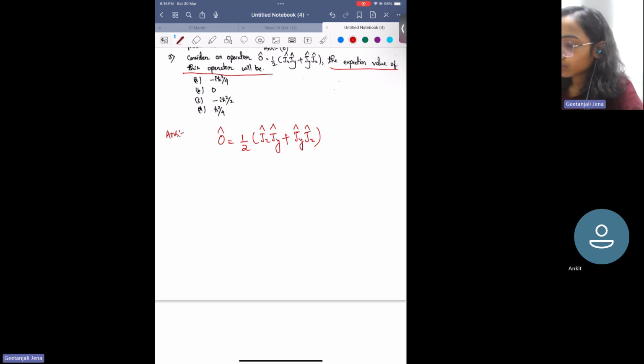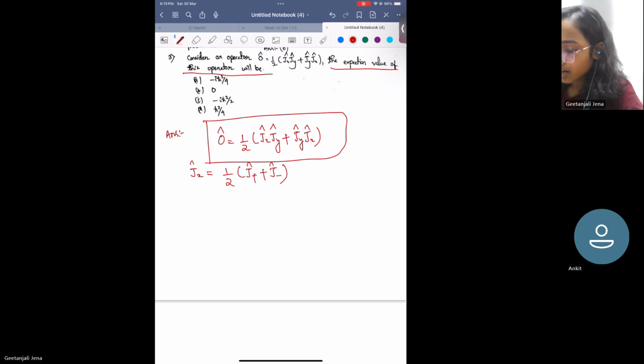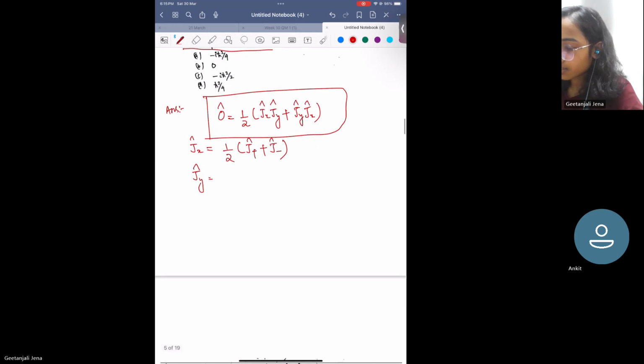So first you have to express Jx and Jy, the whole operator O, in terms of the raising and lowering operators. So Jx, you know, is half (J plus + J minus), and Jy is 1 by 2i (J plus − J minus).